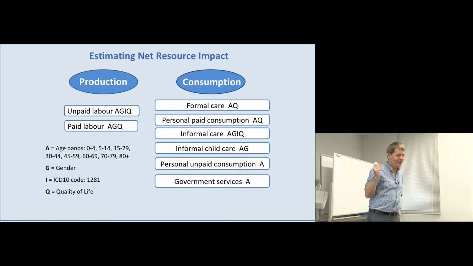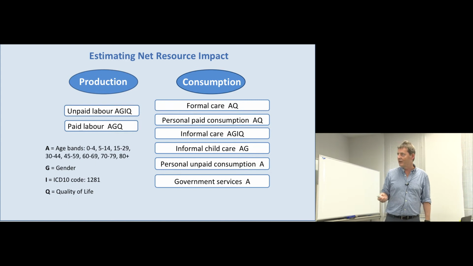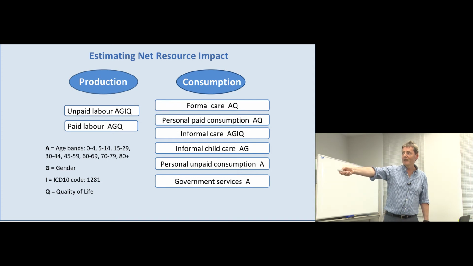Subsequently, we didn't change our system. We had a consultation on it, and there were very mixed views. Basically, for many years, patients had been saying it's terrible that we aren't really including informal care and things like that. But then this came as a package, and patient groups got a bit scared of the idea that whether somebody worked or not might be influential in whether or not a treatment was going to be available.